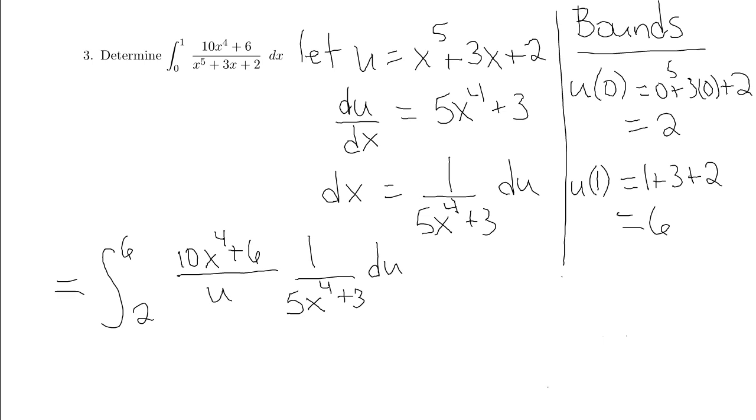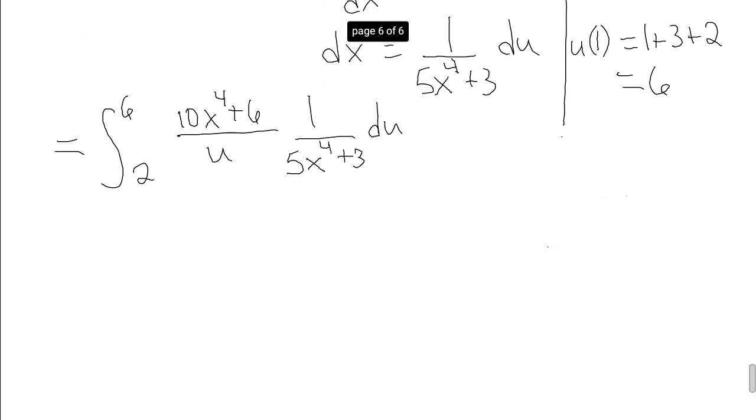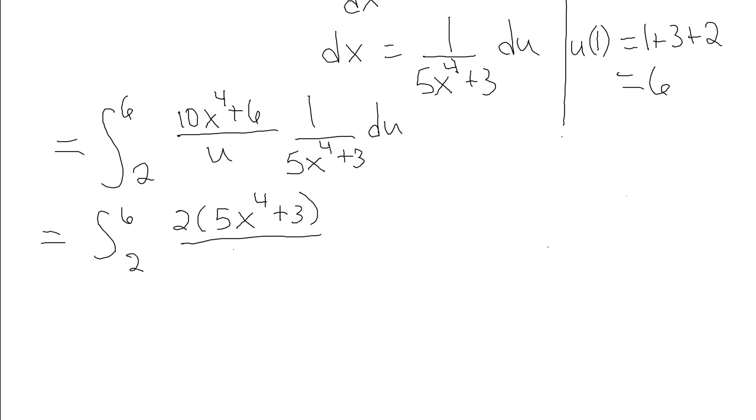Okay, so we're working with this integral here, and we were hoping that our x terms are going to cancel out. Well, looking at the top, it's actually very close to what we have on the bottom there. It's just multiplied by 2. So we can rewrite this as the integral from 2 to 6, and you can rewrite the top as 2 times 5x to the 4 plus 3 divided by u times this 1 over 5x to the 4 plus 3 du.